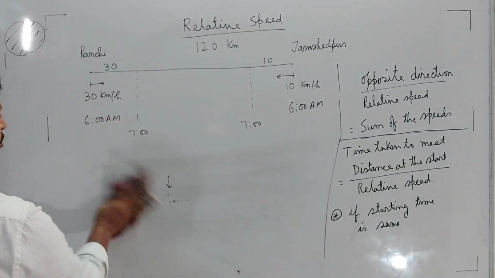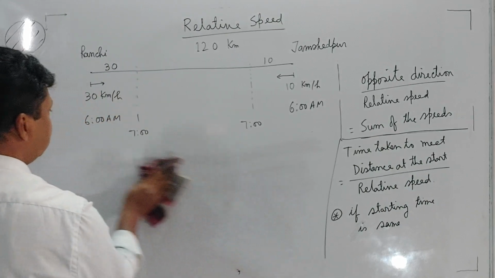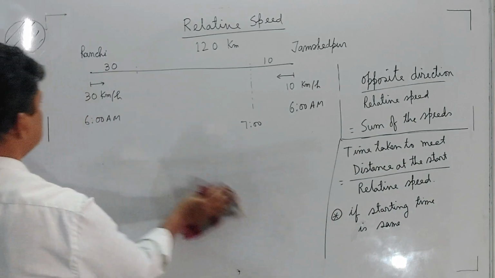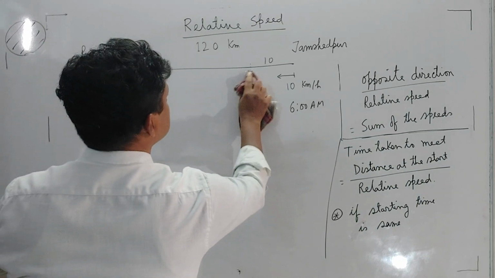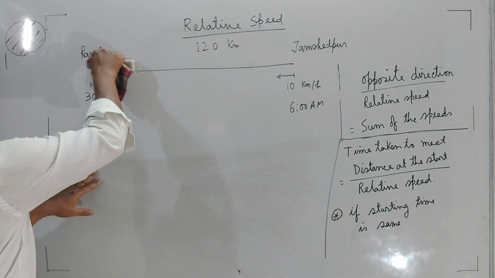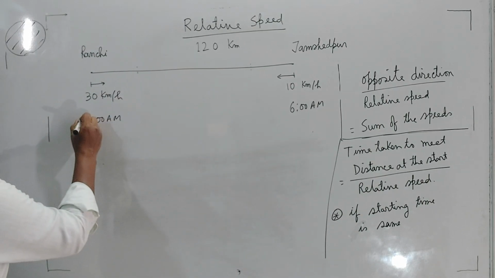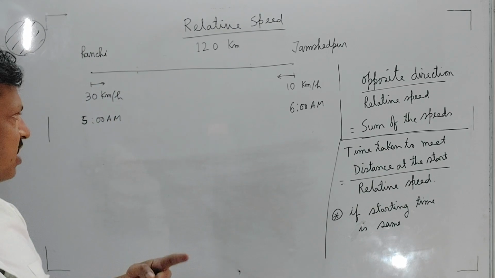Let us put it this way: the person from Ranchi is starting at 5 a.m., not at 6. So this person started at 5 a.m. and the starting time is not same.